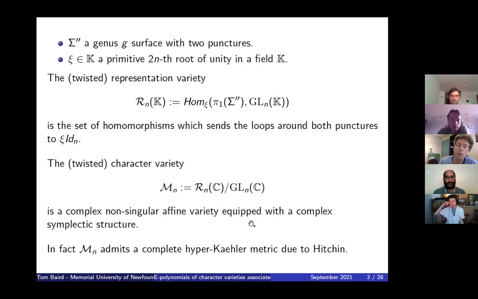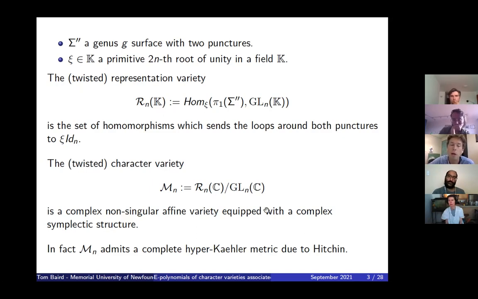And this complex symplectic structure is some sort of shadow of that hyperkähler metric. Half of the data defining this hyperkähler metric is captured by the complex structure and the holomorphic symplectic form.